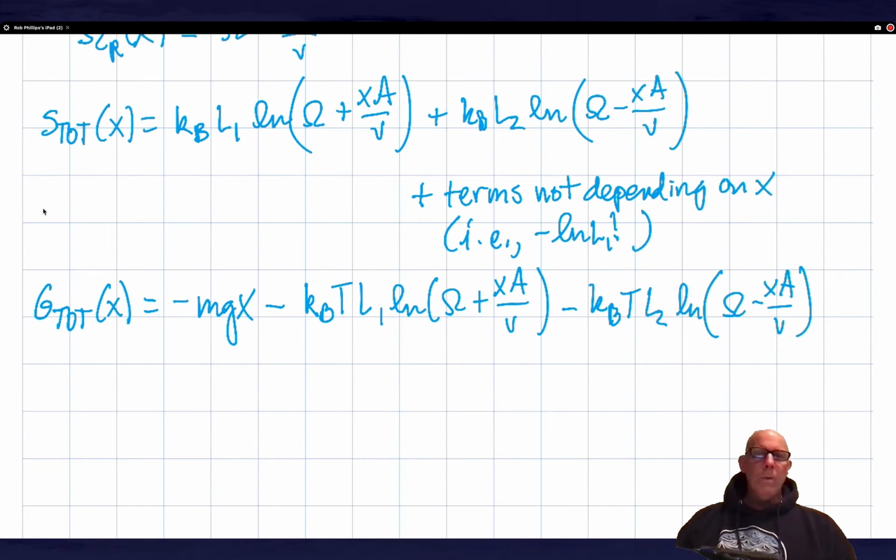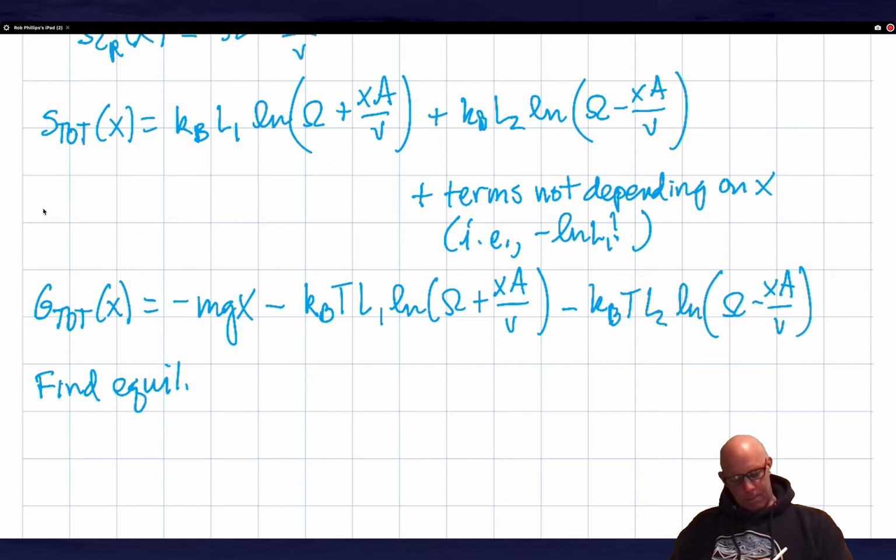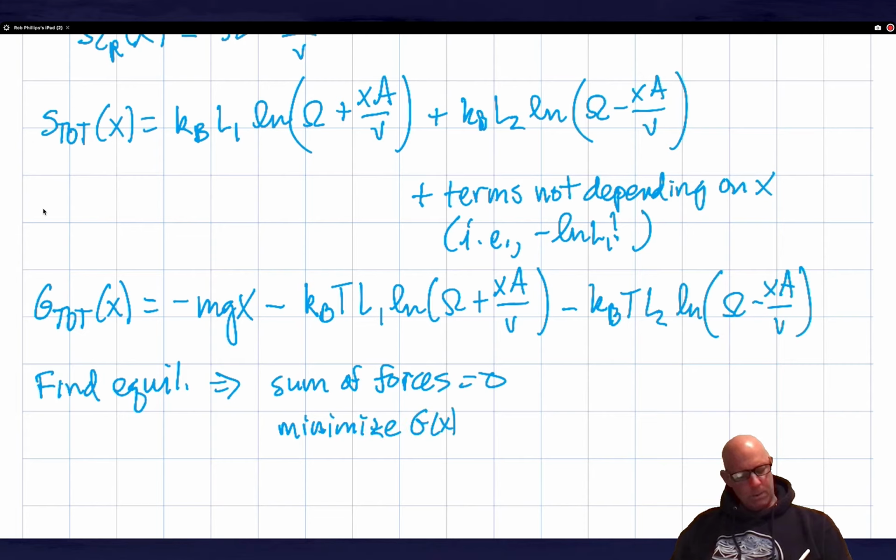How do I find the terminal state? There are a few ways I can say it. Find equilibrium, which could mean the sum of forces equals 0. It could also mean minimize G of x with respect to x.